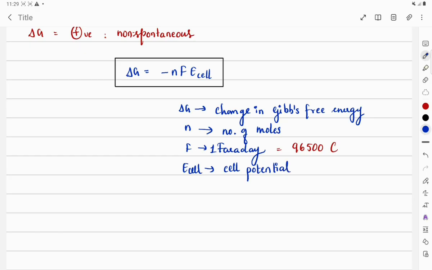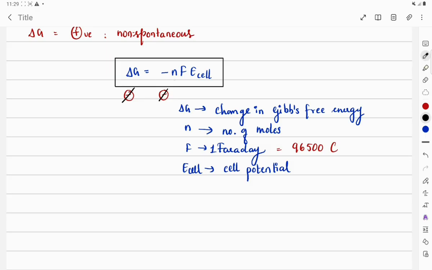So this is the equation connecting the change in Gibbs free energy during any reaction and the cell potential of that particular cell. Now if the reaction is spontaneous, delta G has to be negative. Then here again we have a negative, so both of these will cancel.